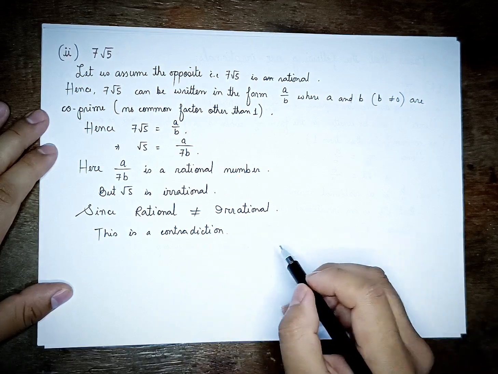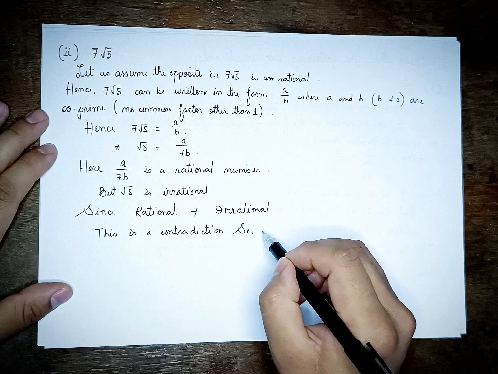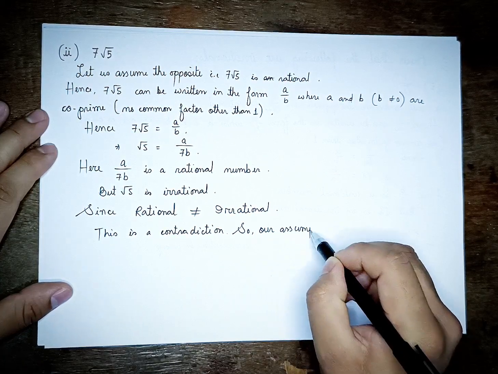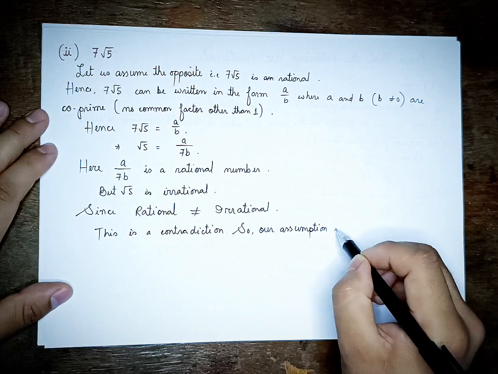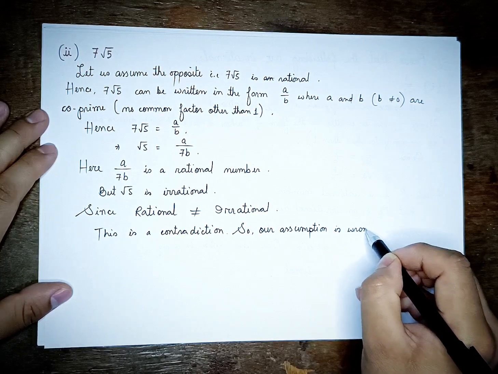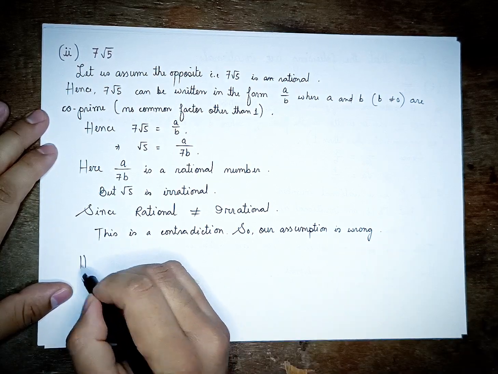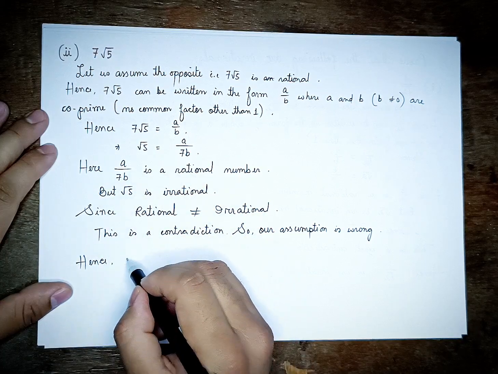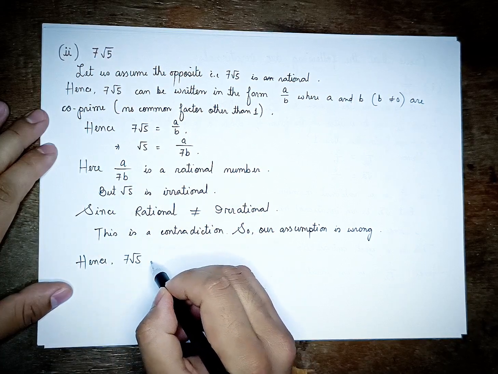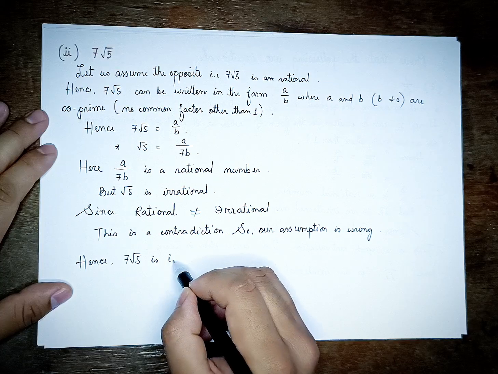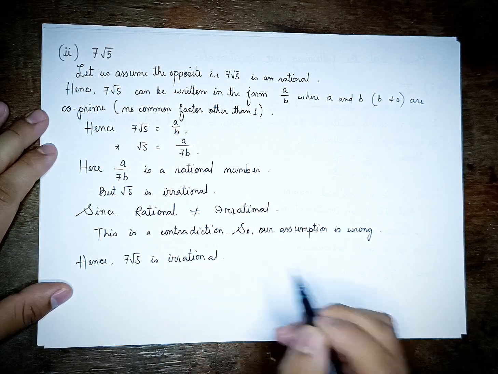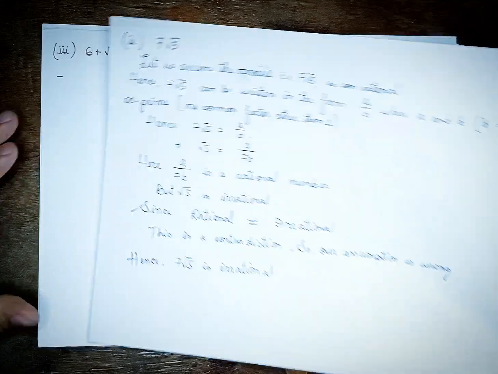So our assumption is wrong. Hence, we can say that 7 root over 5 is irrational. Here we finish Roman number 2.